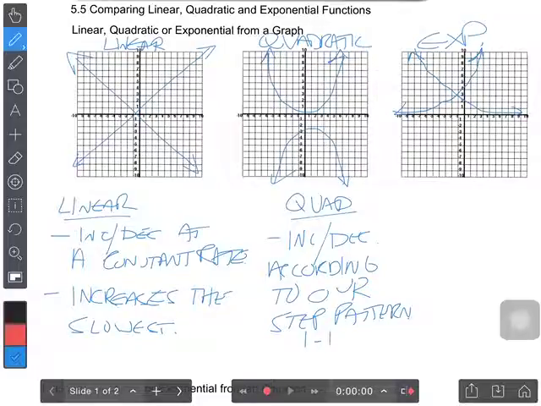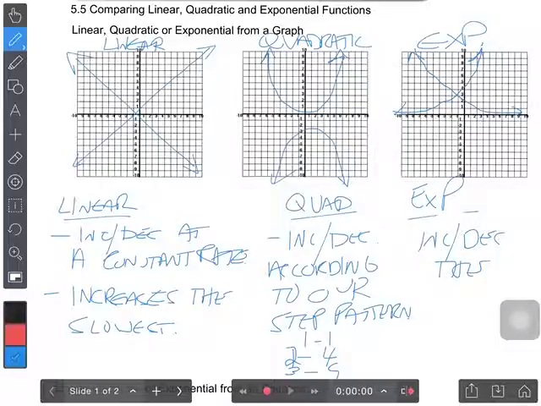So over 1 up 1, over 2 and up 4, over 3 up 9. Okay, so it goes up according to that. And our exponential, well, it's going to increase or decrease the fastest.